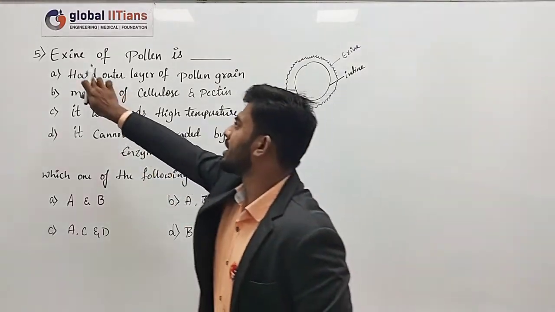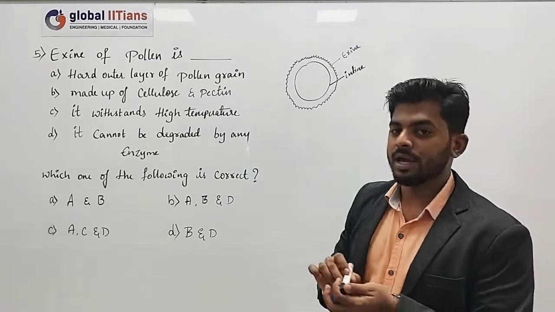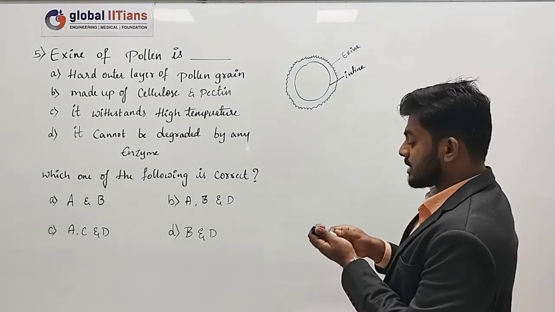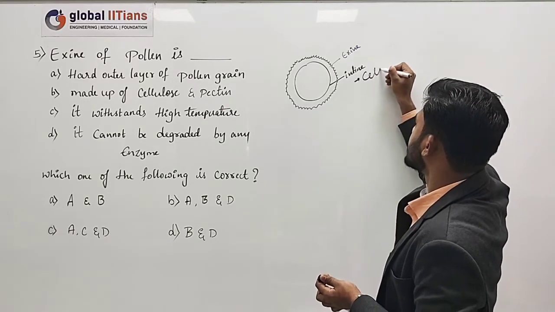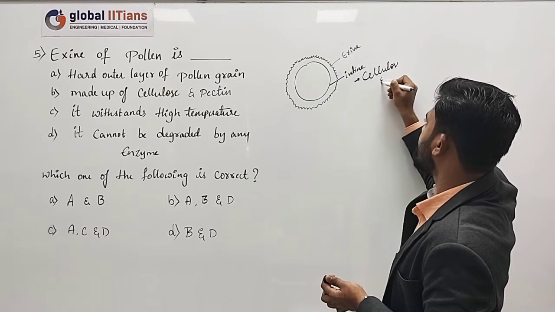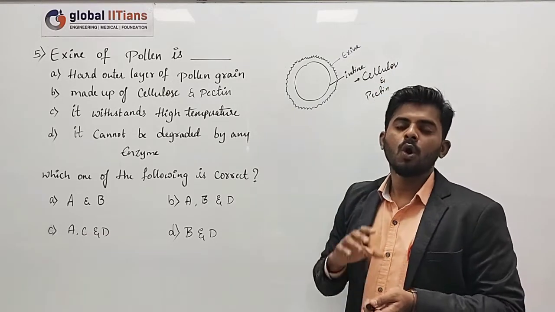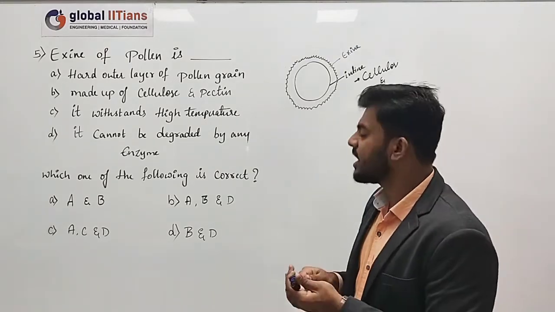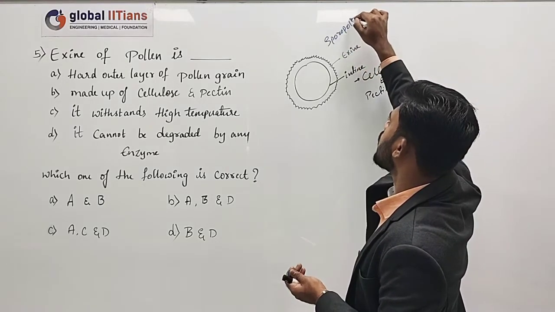Now we got to know what the enzyme is. It's the outer layer of the pollen grain. The enzyme is made up of cellulose and pectin. The enzyme is made up of one of the hardest organic materials, called sporopollenin.